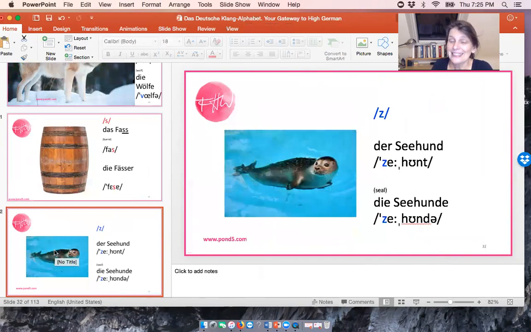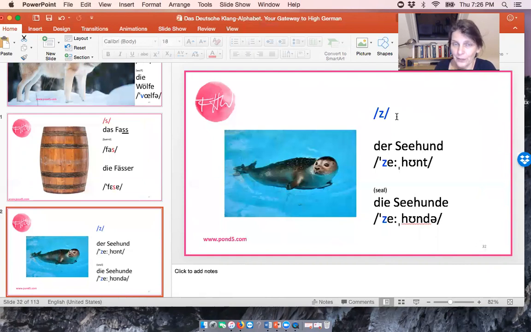Seal in English is der Seehund. So that's a voiced sound. And unfortunately, the letter Z in German is Z, like in Zunge and Ziege. But the symbol Z is always a voiced sound, as in English zebra.